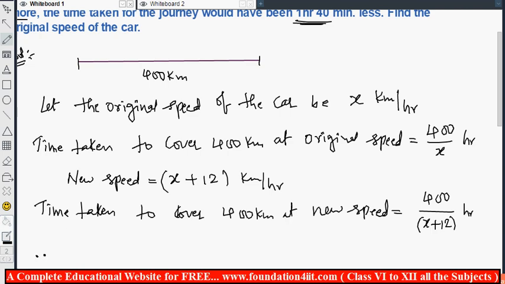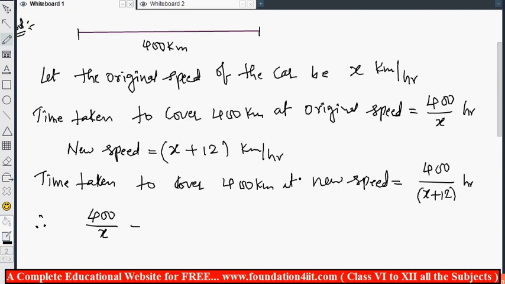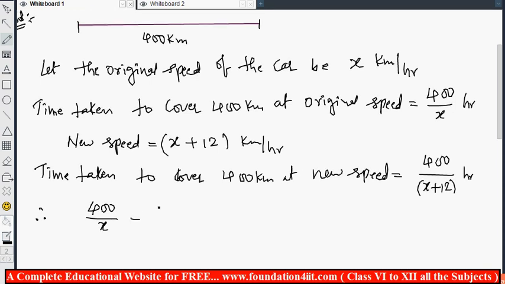So the difference of both times is 1 hour 40 minutes: 400 by x minus 400 by x plus 12.